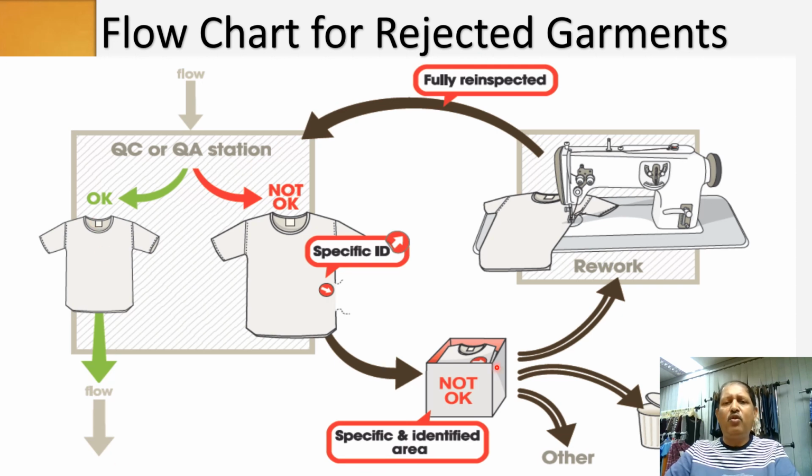Something which is not okay, just scrap it, it goes to the trash bin, and those garments cannot be shipped to the customers. And in some cases, maybe these garments can go as seconds. Suppose the shade is not matching the requirement of the customer, okay, remove all the brand identity and you can sell it as seconds or whatever it is. So this is a simple way how we can control a non-conforming material.